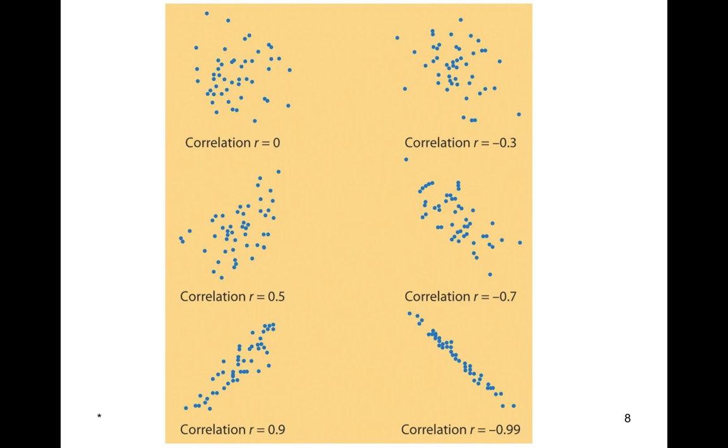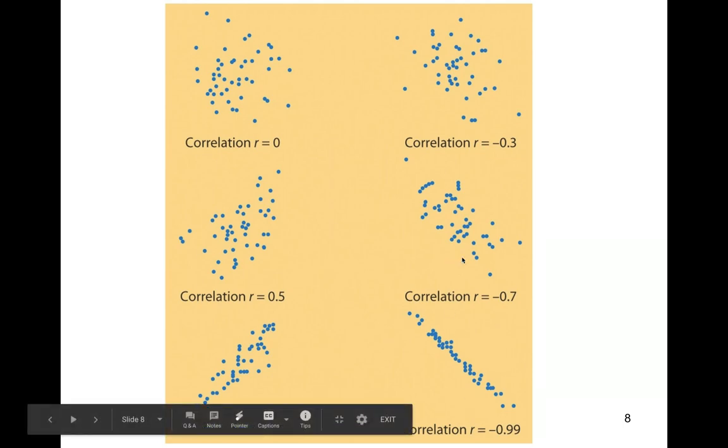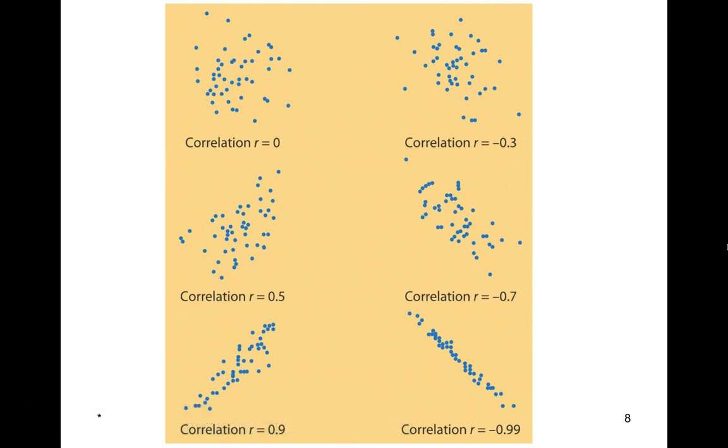Okay, this right here is kind of a visual representation of what I was talking about on the previous slide. You can see, if we start at the bottom here, on the left-hand side we have positively sloped scatter plots, and on the right-hand side we have negatively sloped scatter plots.